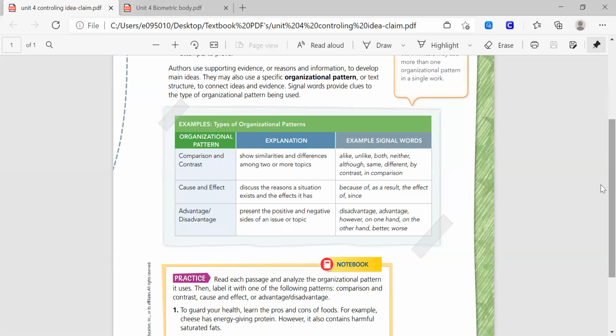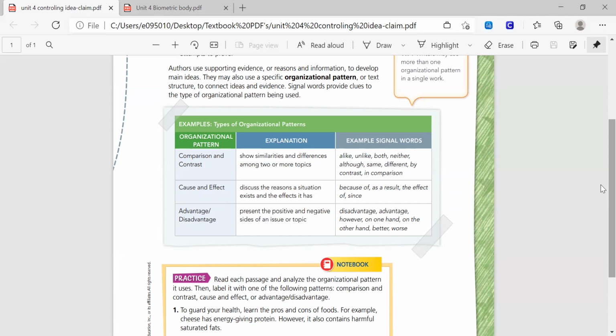Cause and effect organizational pattern. This discusses the reasons that a situation exists and the effects that it has. And some example signal words: because of, as a result, the effect of, since.